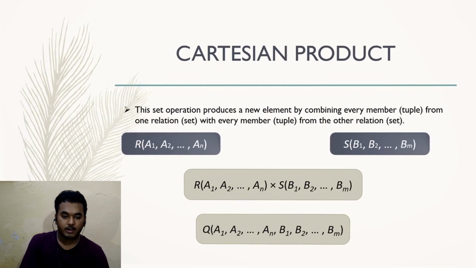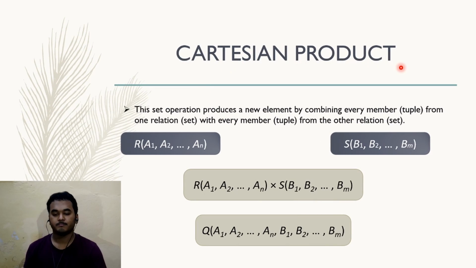The next topic is Cartesian product. This operation produces a new relation by combining every tuple from one relation with every tuple in another relation.